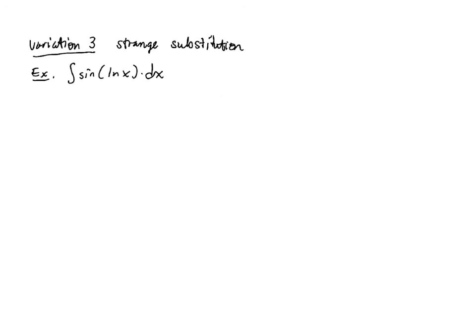Your guess for a substitution would be u equals ln of x, right? But the problem, and this is the same problem that you see in lots of integration by parts examples, is that our du, which is 1 over x dx, does not appear anywhere in a nice form inside the integral.